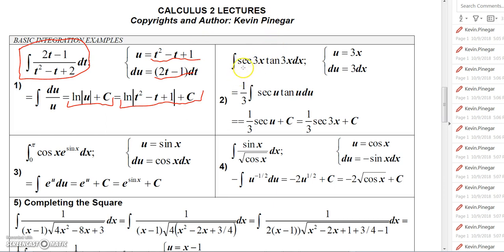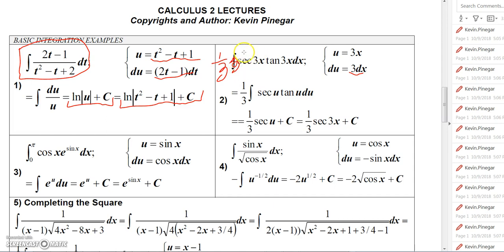Okay, and then here, this one is actually a trig integral, because let's say we let u be 3x, then du would be 3dx. Now we're going to have to manipulate this, and what we would have to do is put a 1/3 out here, and then put a 3 on the inside.